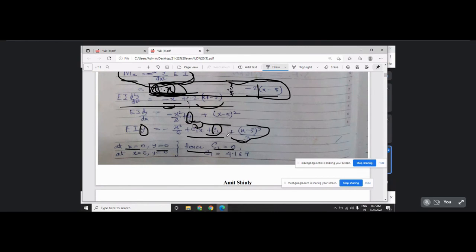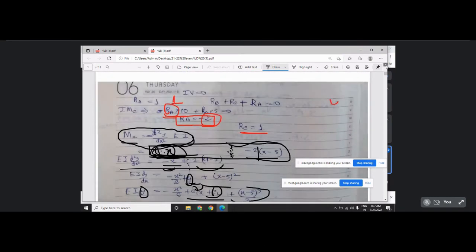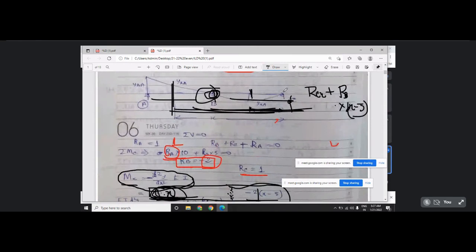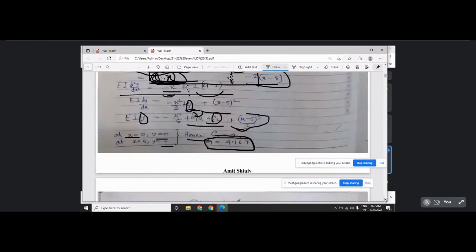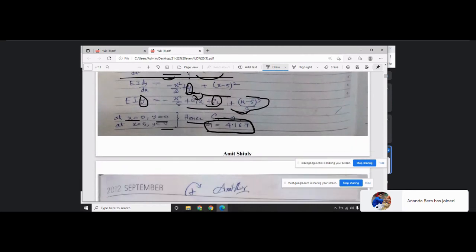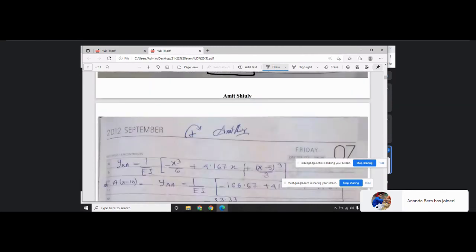Naturally, if you put the deflection here, x is equal to 5, you get the c1 value as 4.167. At x is equal to 5, y is equal to 0. Understood? So from the two boundary conditions, deflection 0 here and deflection 0 here, we can easily get the deflected shape and the constants c1 and c2.